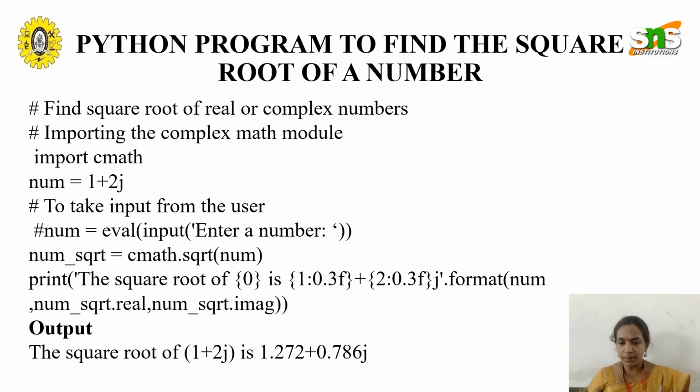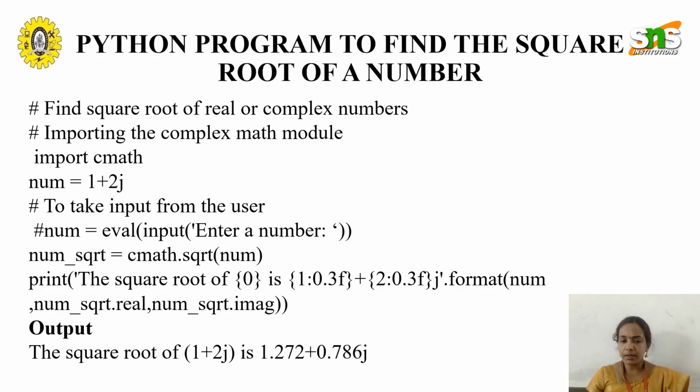This is an inbuilt function to find the square root of the number which we got. This is like a command as usual, as in any programming language. We have to memorize and remember some commands, and one among them is cmath dot sqrt of num.